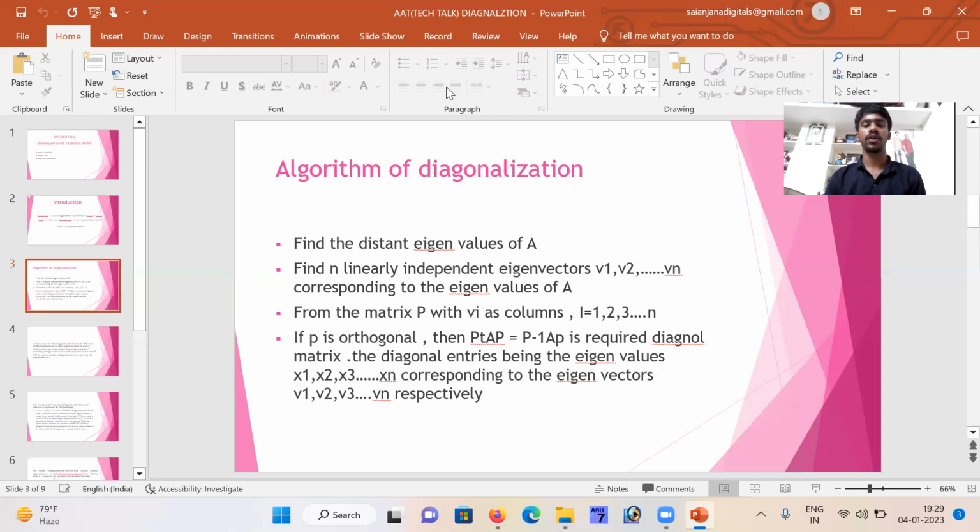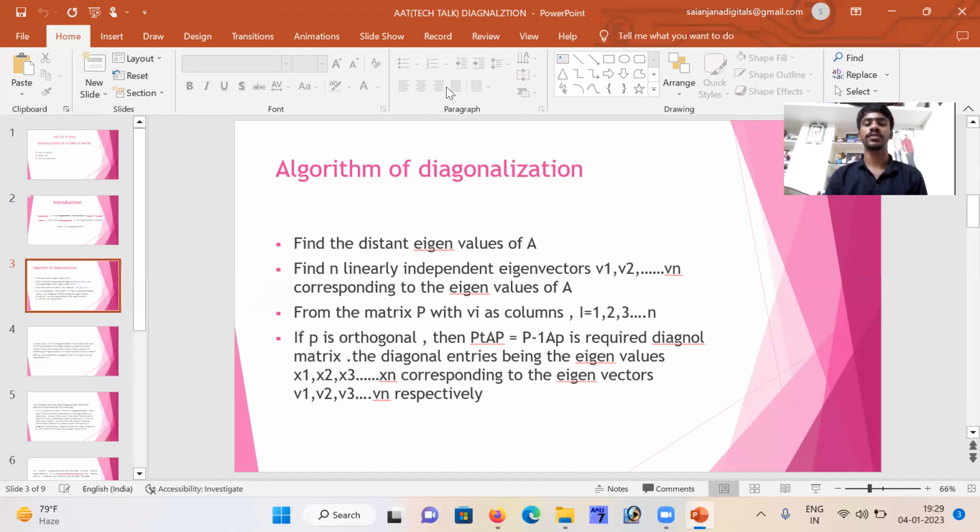If P is orthogonal, then P^T A P = P^-1 A P is the required diagonal matrix.